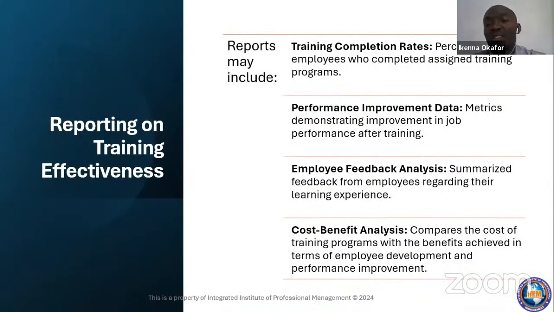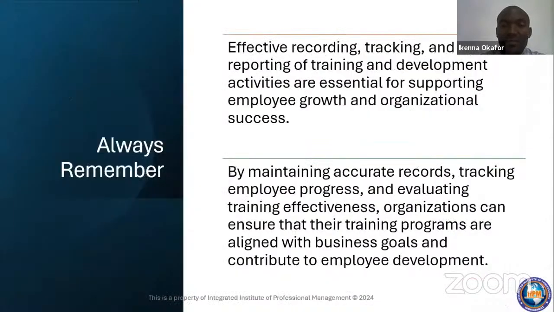Training completion rate: percentage of employees who completed assigned training. Also look at that, because it's important to know their compliance to such training. Improvement data: metrics demonstrating improvement on the job, which we said before.